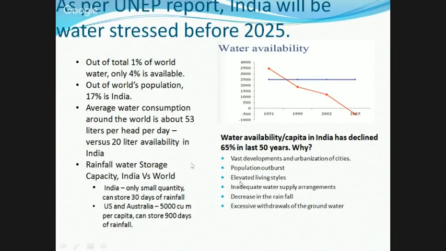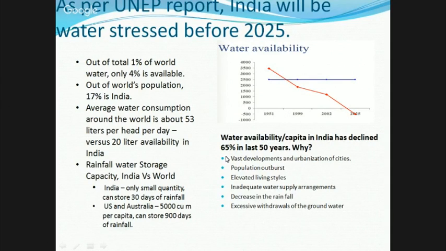So availability is very less, and per capita availability has declined 65% in the last years due to development activities, urbanization of our cities, population outburst, elevated lifestyles of the people, inadequate water supply arrangements, decrease in rainfall, and excessive withdrawal of groundwater. These are the major issues which we are facing because of the water problem.